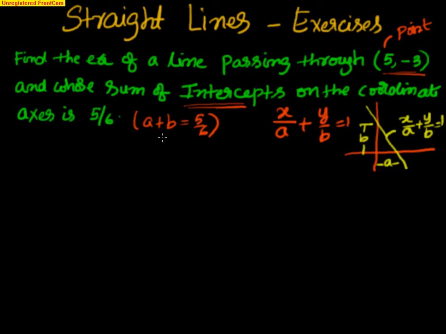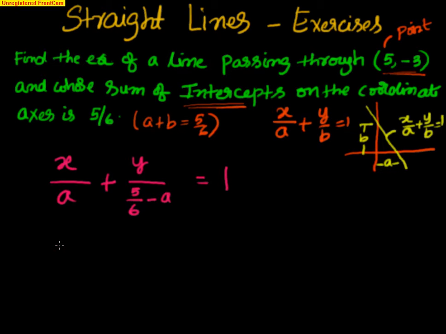I know a plus b equal to 5 by 6, so I'll put it down. I say x by a plus y by b, and I want to write b as 5 by 6 minus a. Are you with me? A plus b equal to 5 by 6, so I can write b as 5 by 6 minus a, because the whole idea is to solve for a. If I am able to get the value of a, then I can get the value of b. Equal to 1.